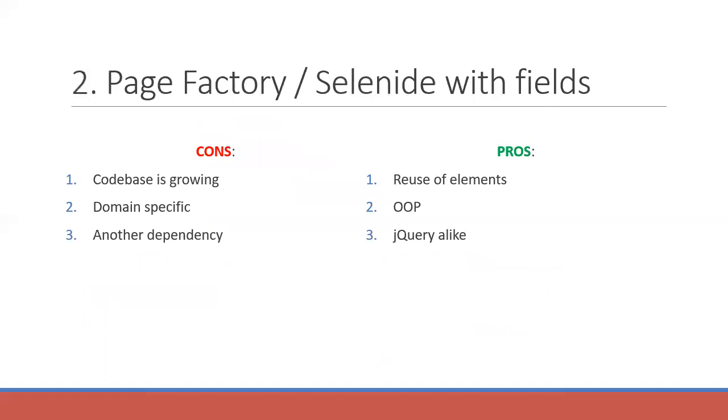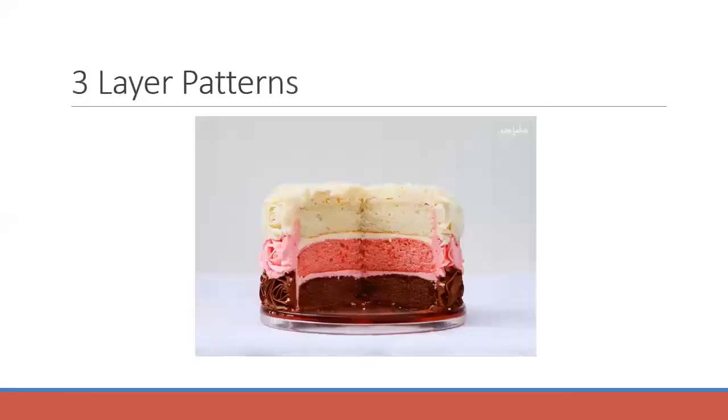When it comes to page factories, there is a little bit more setup, like you need to initialize the elements, and then there are a few more attributes to know, like lazy load and all that stuff. On the bright side, you can now even reuse the elements within the class, within the page, which is, I think, even better. This is OOP now, and jQuery again, or with Page Factory, just OOP. So, 3-layer patterns now. Any questions, guys?